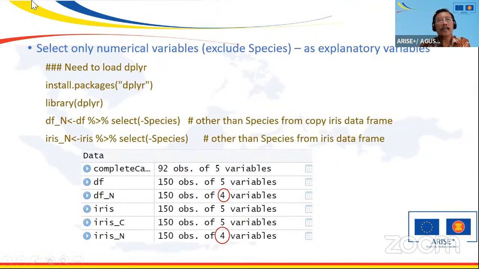Like in this case, the iris, we have sepal length, sepal width, petal length, petal width, and then species. The species is the categorical variable. So we remove that by this instruction, select. This is the minus sign. Minus sign means without species.